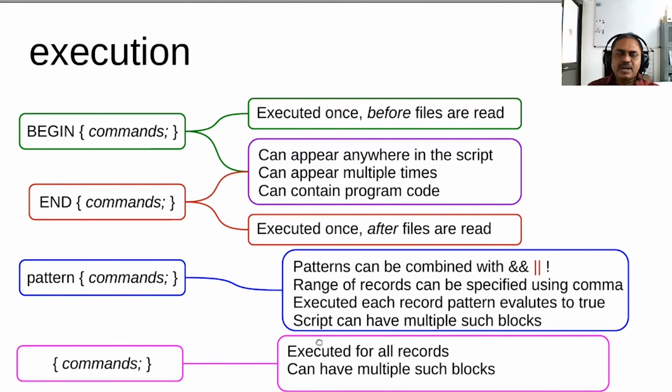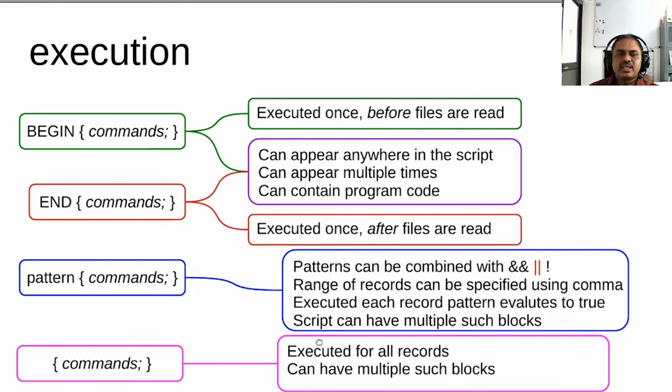Code blocks that come with a pattern can have the patterns combined with the logical AND or logical OR or negation operators, and you could also give a range of records that could be processed using a comma. You would have already seen that these blocks are processed for each record every time the pattern evaluates to true, and in case the pattern is empty, then the code block is executed for every record.